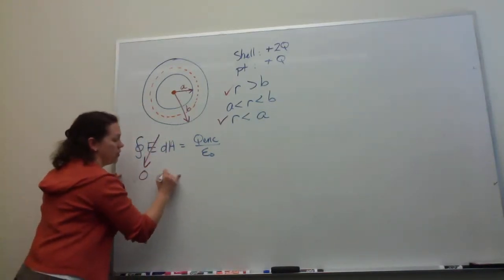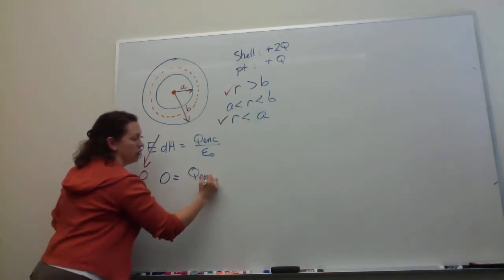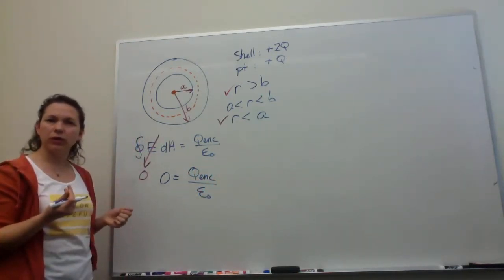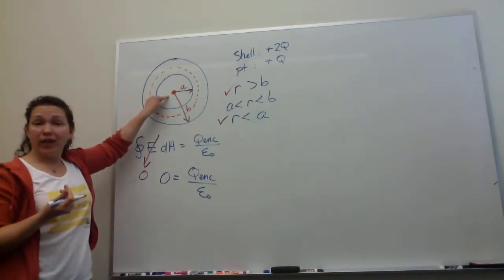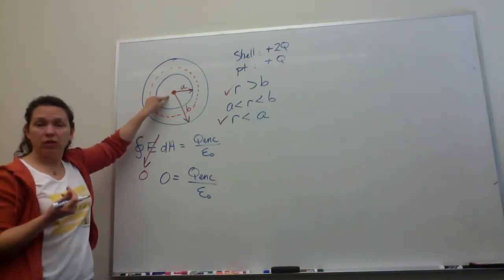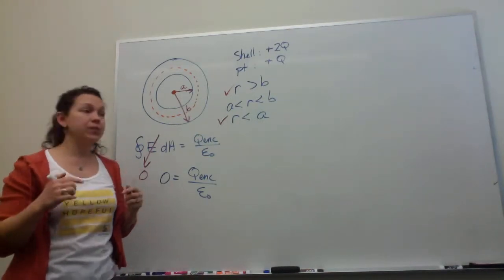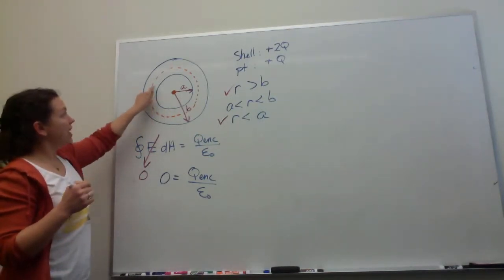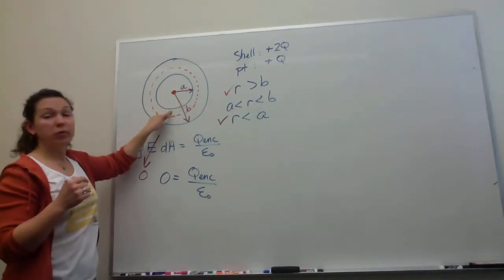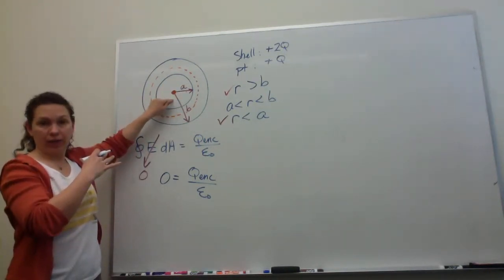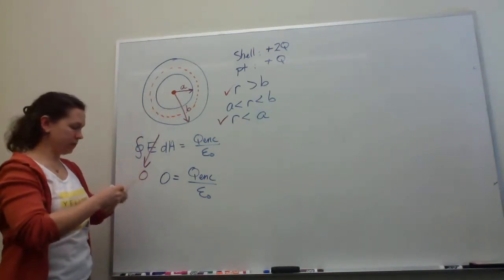So if I have 0 equal to Q enclosed over epsilon naught, how does that work? I know that I have positive Q here. I know that in conductors, charge only exists on the surface. And so that means that there's negative Q distributed evenly around this inner surface.